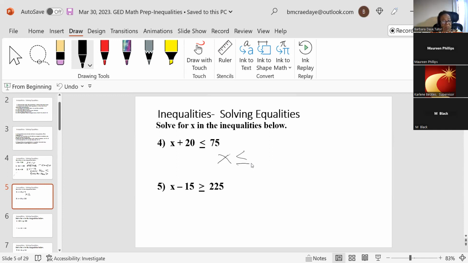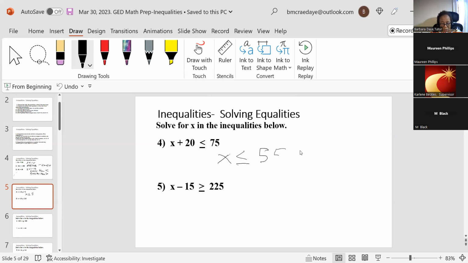No. Why are you dividing? There's no multiplication here. We're subtracting. Yes, you subtract because that's a plus, right? So 55. There you go. See, you got it. Less than or equal to 55. That's your answer.